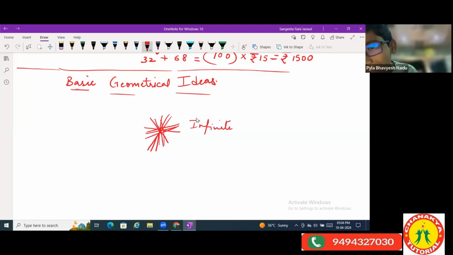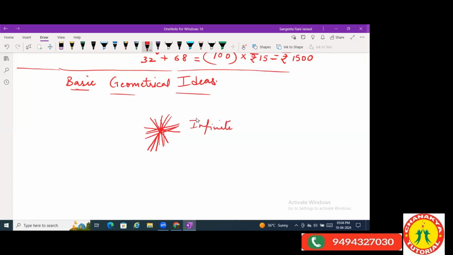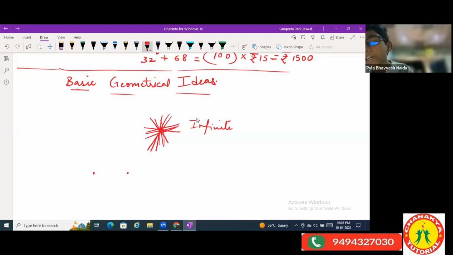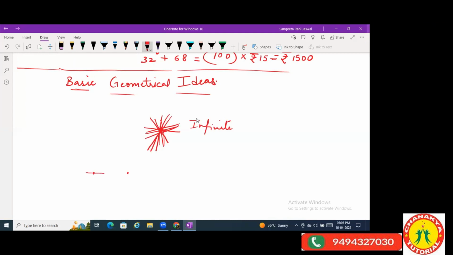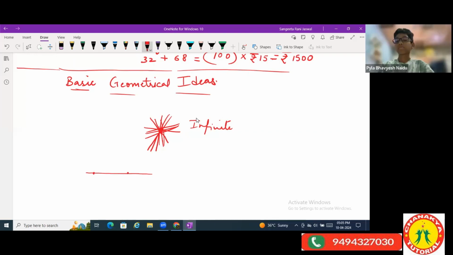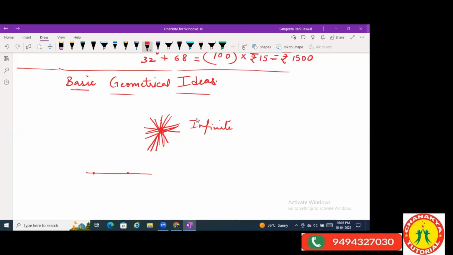Infinite number of lines can pass through one single point. And how many lines can pass through 2 points? Ma'am, one line. Yes, there is only one line that can pass through 2 points, but from one point, infinite lines can pass. So this first was the point.